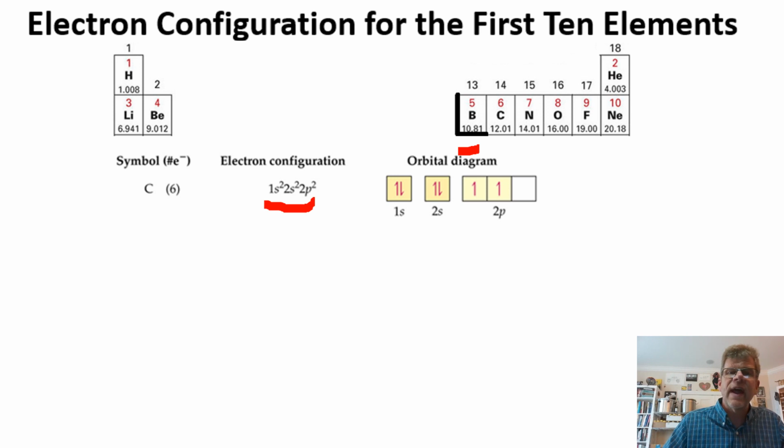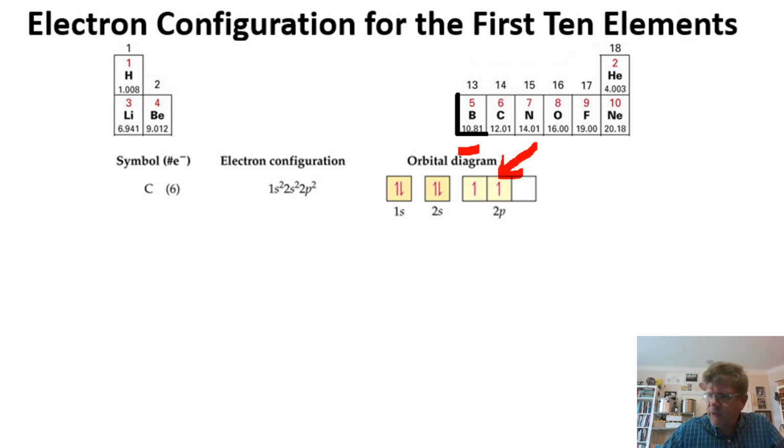Well, I'm just going to add another electron to that p orbital. Now it's 2p2. Because I just showed you that we can have a total of 6 up there. Okay. So here now we have our orbital diagram where we've just added another electron to our p orbital.